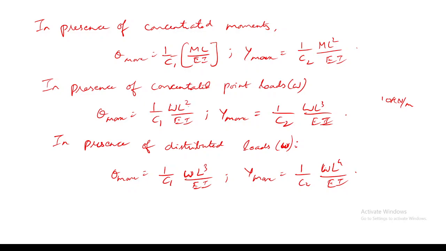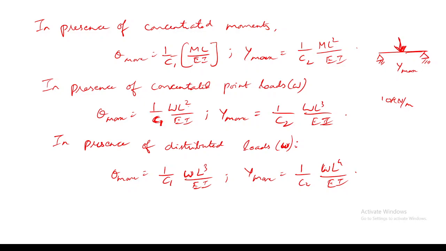But the 1 by C1 value changes for different kinds of loading, even for a point load. For example, a simply supported beam with a point load at its midspan, what is the value of y max given in the formula sheet?